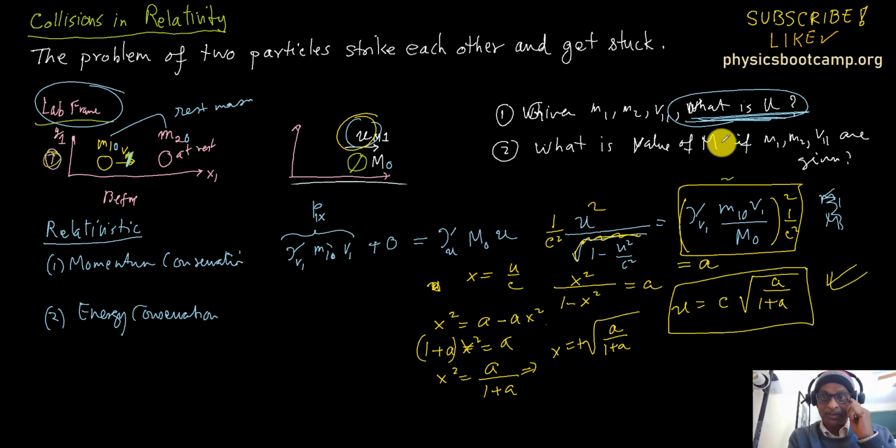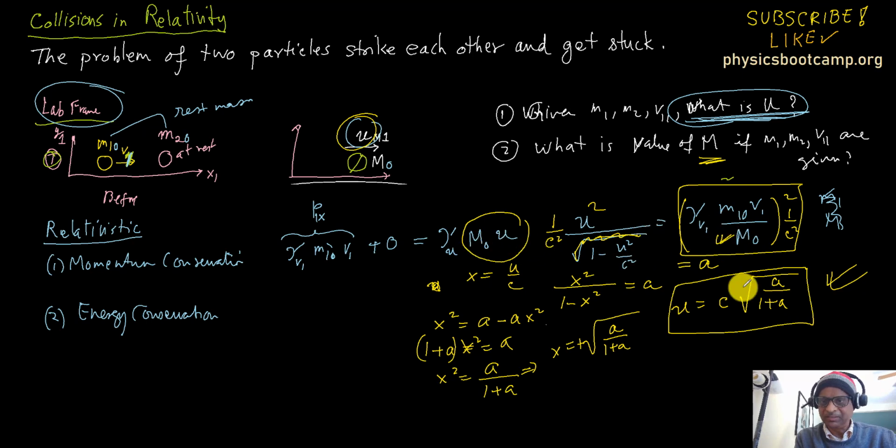Now, other questions: what is the value of m or m0 if it was from the other things? That turns out to be a pretty interesting problem. If u is not known, this will all be in terms of m0.